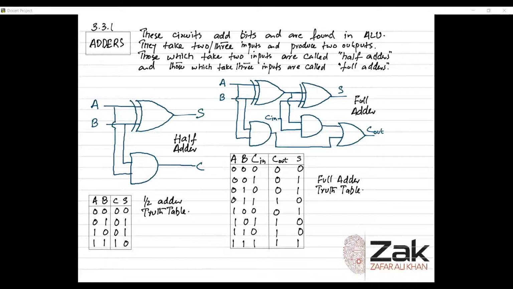This circuit carries out binary addition of 2 bits, generating 2 outputs, the sum bit and the carry bit. Consider 1 plus 1, which gives us 1 0, denary value 2. The 1 is the carry and 0 is the sum.